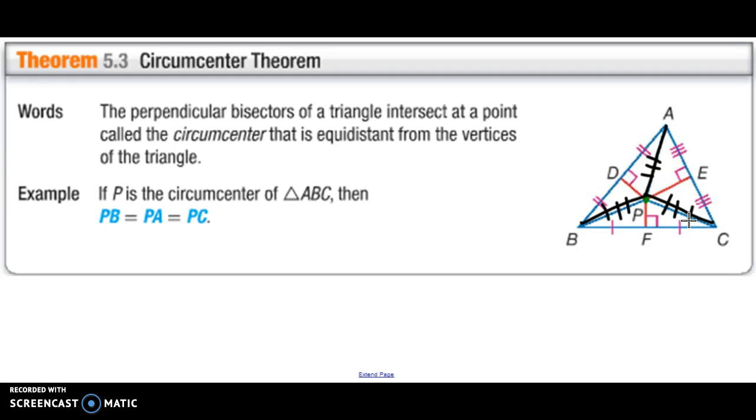Obviously, you can tell then that it's going to be essentially all the same length right there if you just look at the picture.